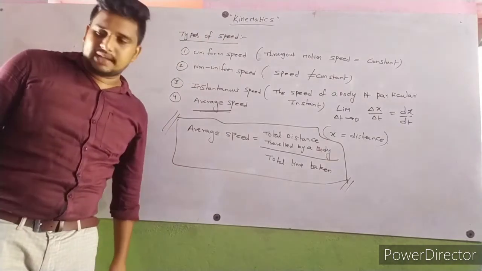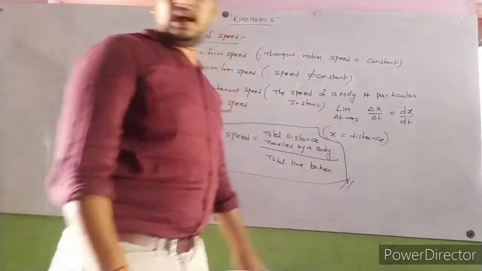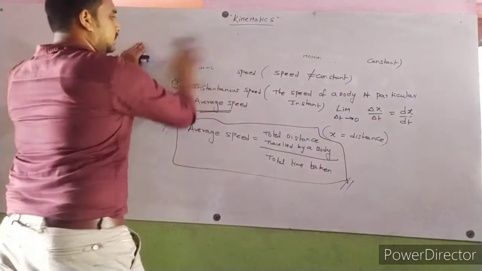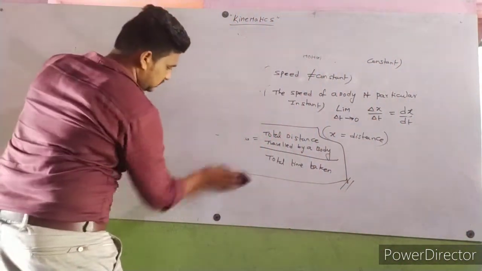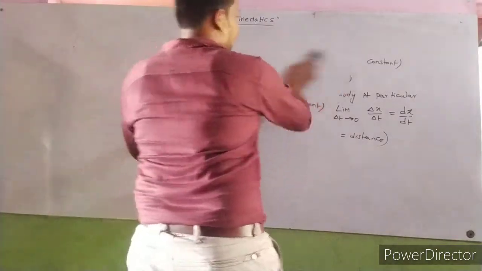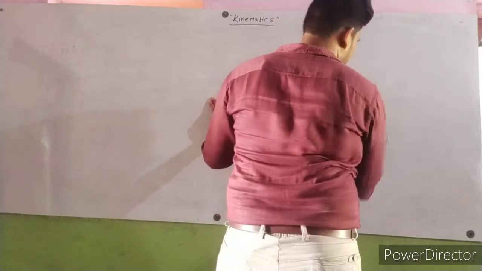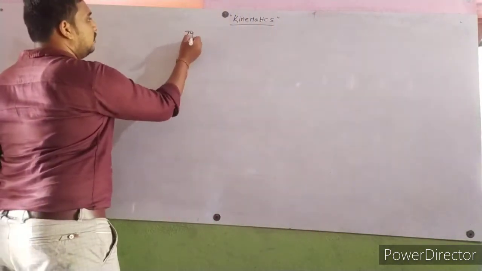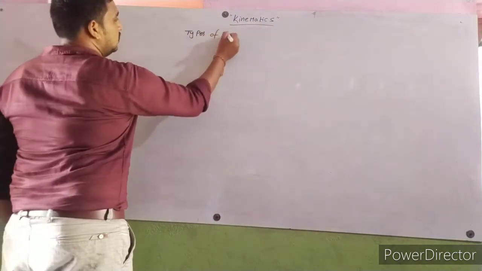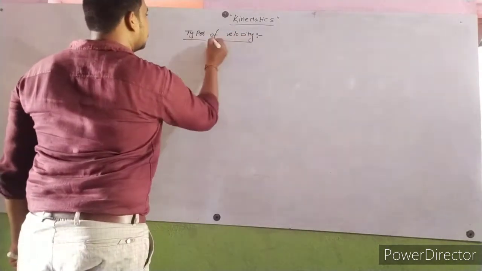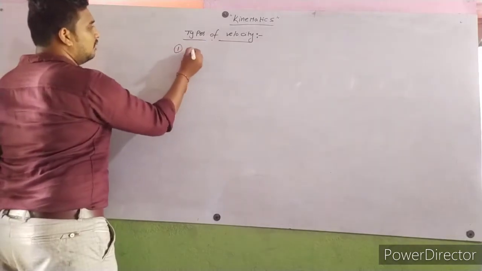Types of velocity. First one, uniform velocity.